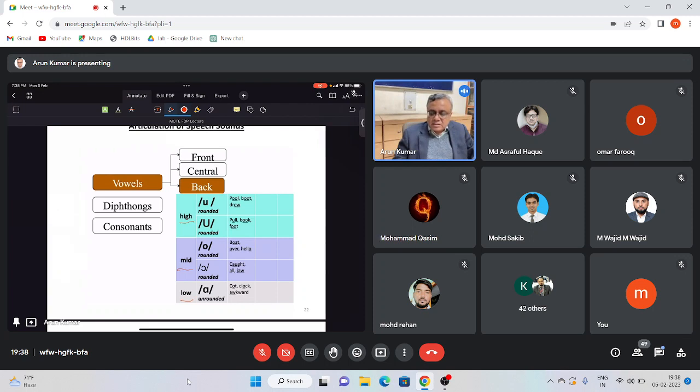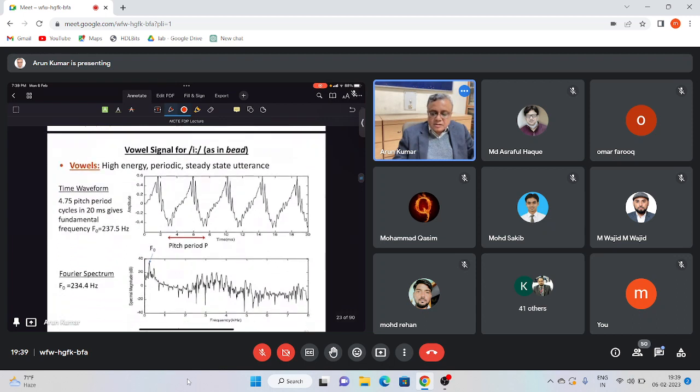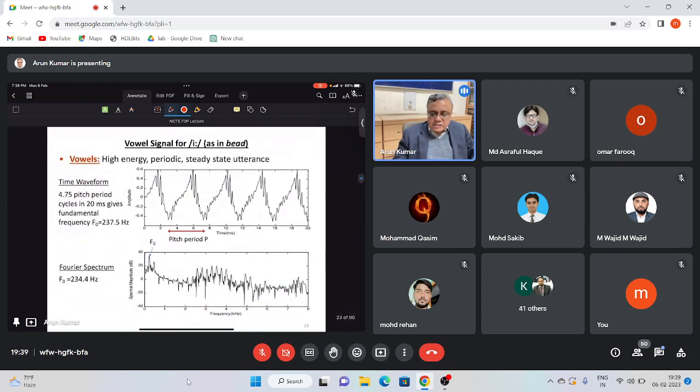And the position of the tongue essentially creates a combination of resonance frequencies in the vocal tract, that is F1, F2, and F3. And the combination of F1, F2, and F3 together creates a particular vowel sound. Let us look at the time waveform.